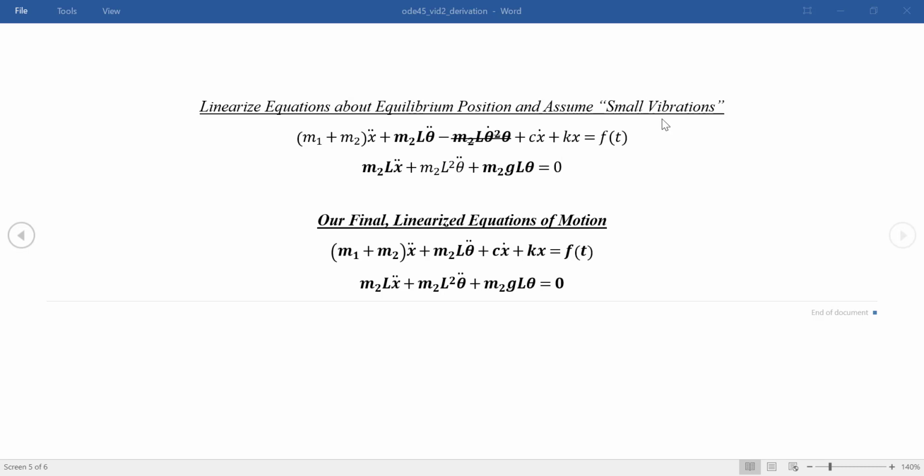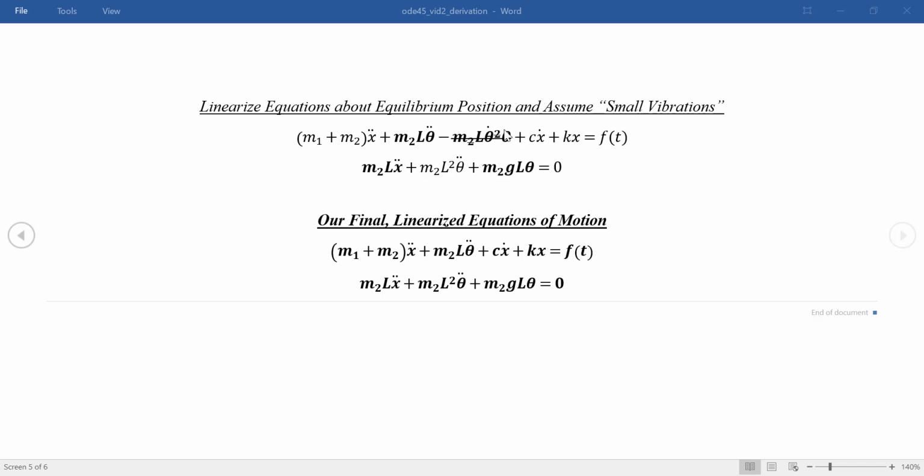But more than that, if we have these small vibrations, then terms that have anything like theta squared or theta times theta dot, things like that, we can also cancel out. Because think about it: a fraction multiplied by another proper fraction, where the numerator is smaller than the denominator, will only get smaller. Fractions multiplied by fractions only continue to get smaller.